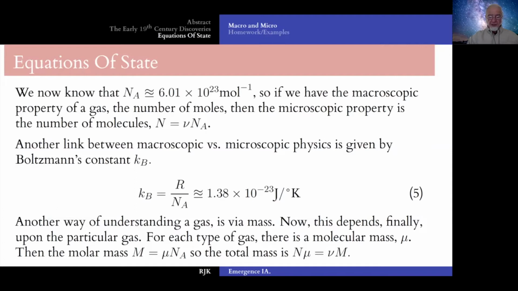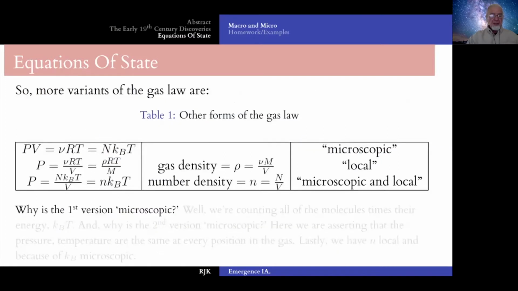So the total mass is given by the number of atoms times the molecular mass, or the number of moles times the molar mass. So there are different variants, as I said, that you can use to look at the gas law and get some understanding about what's going on.